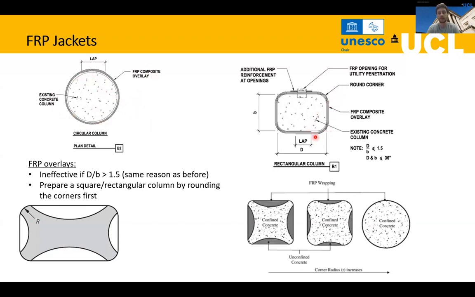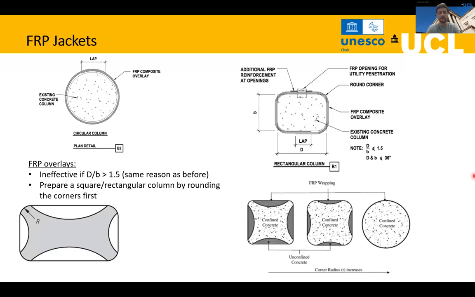When you have rectangular columns, the problem is a little bit more difficult. You first need to round the existing corners, and you need to ensure a ratio of these columns that is not greater than 1.5, because if it is, then you will have some parts that will not be confined after the implementation of the FRP.